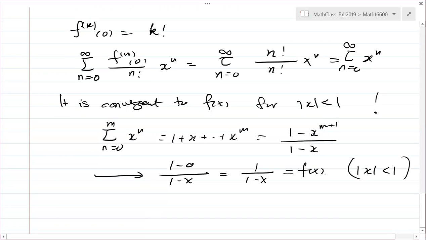All right, so Taylor was trying to solve this problem in general.